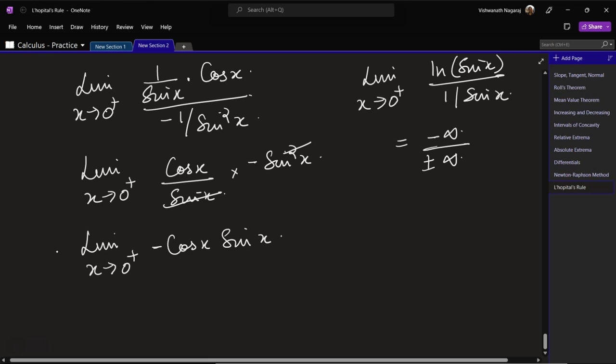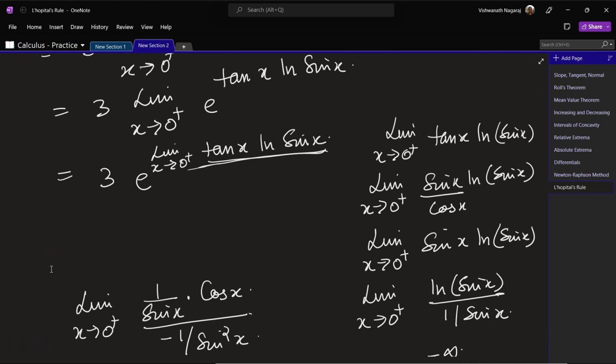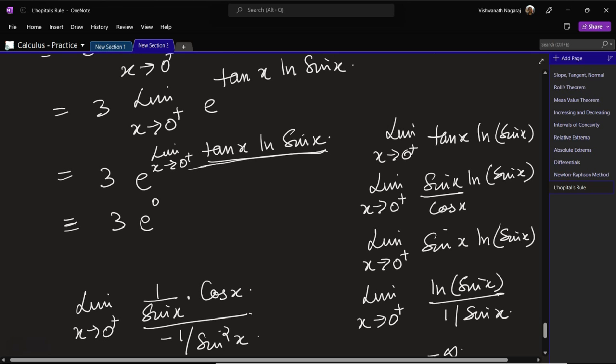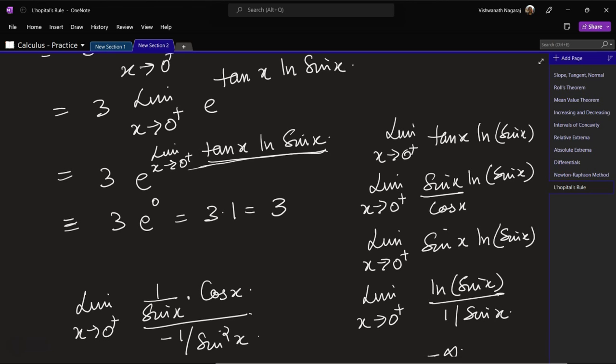Now cos 0 is 1, sin 0 is 0, which means this limit is 0. And this limit we put here. So 3 times e to the power of the limit, 0, which is nothing but 3 times 1, which is equal to 3. So 3 is the limit.